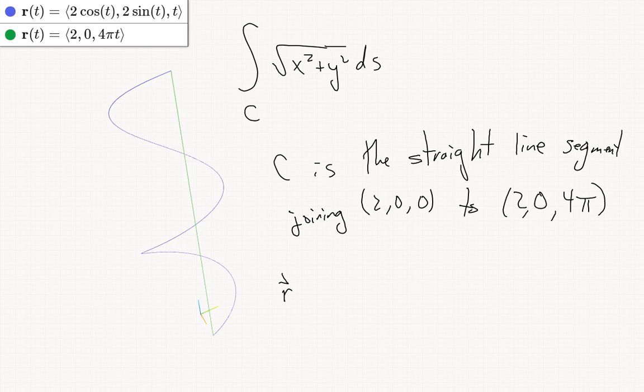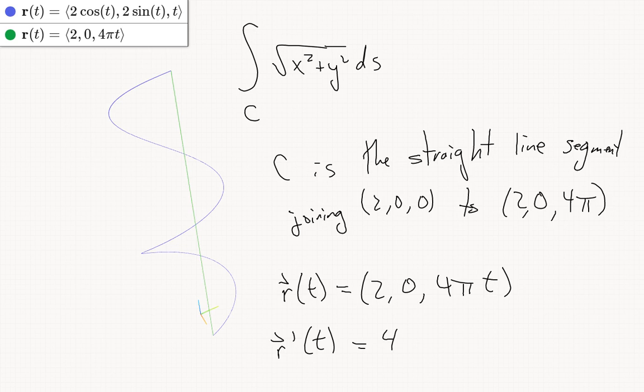So there's a simple parameterization of this. 2, 0, 4 pi t. So then the velocity vector here will just be 4 pi k.